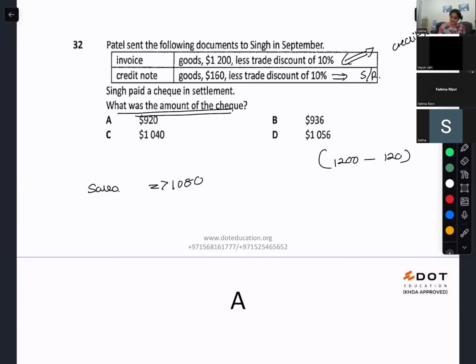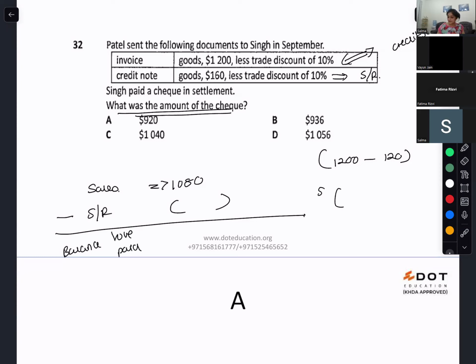And for sales return, the list price is 160 and the trade discount is 10%, which is 16, so it's 144. The amount to be paid by check will be how much? 936. Option B.